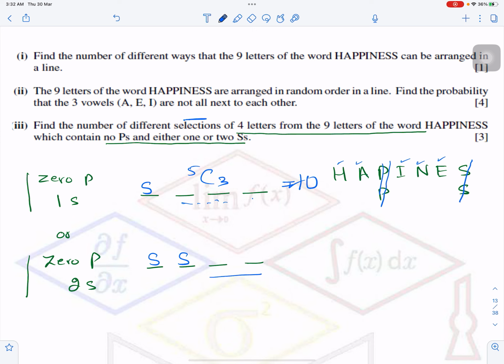Now in the other case, again 5 letters, 1, 2, 3, 4, 5. Out of 5 letters, I will select any 2 letters. How many ways are there? 10. So 10 plus 10, 20. So 20 are the different selections in which there will be either 1 S or 2 S's with no P's.